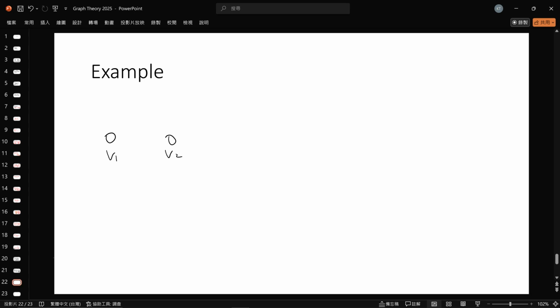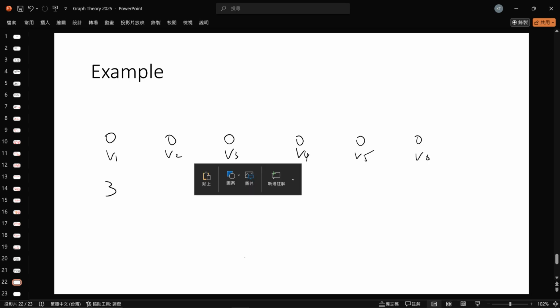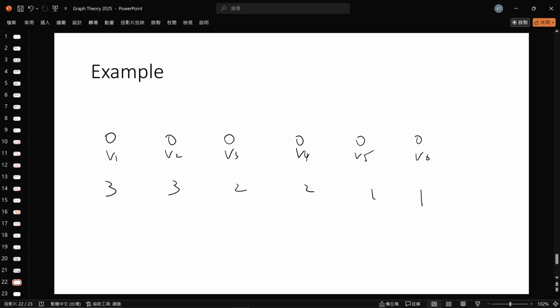V1, V2. Okay, so step 1, let's pick V1. So the target degree for V1 is 3.